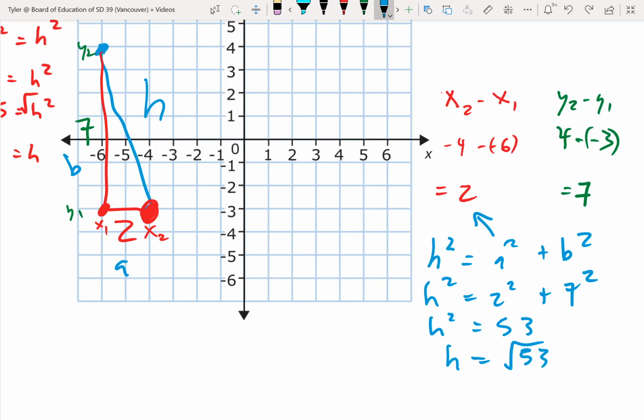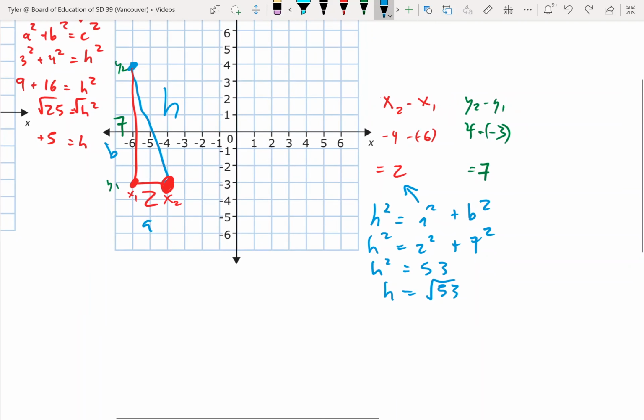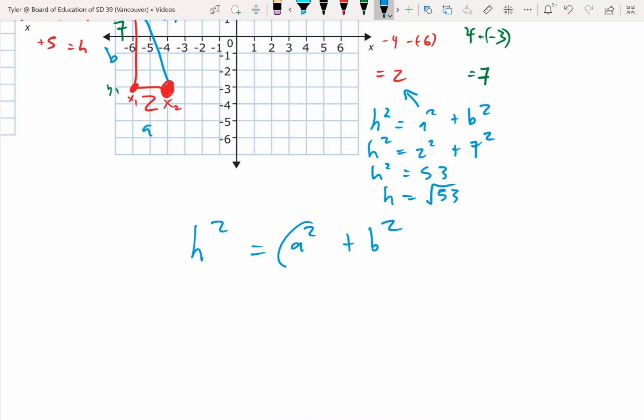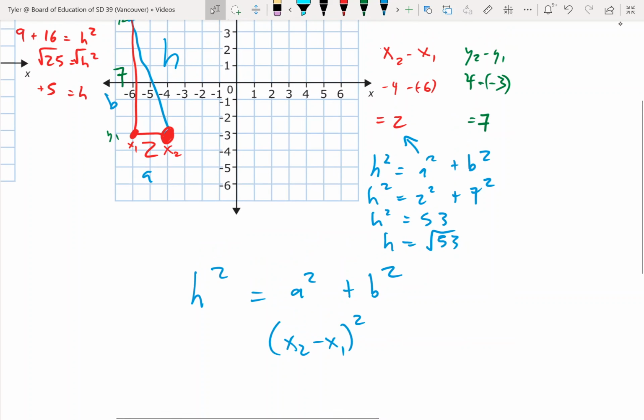This is more exact. So let's take what we know and write a full formula. We're saying h squared is equal to a squared plus b squared. That's Pythagorean. That's what we're doing. If I want a squared, that was the bottom, the x's. So to make the x's, we needed to do x2 minus x1. I just took this information that we already had, and I just put it right here. Now I'm going to say plus, and the b squared was the one with the y values.